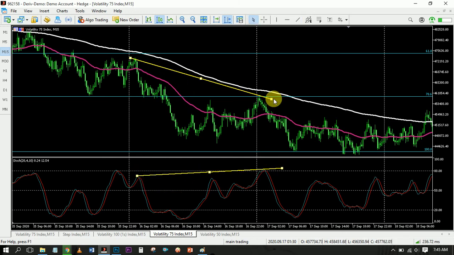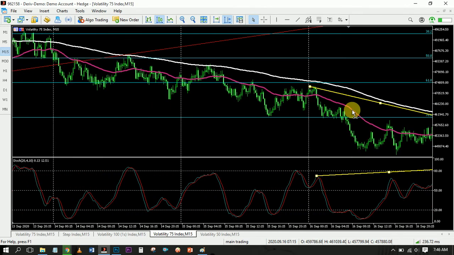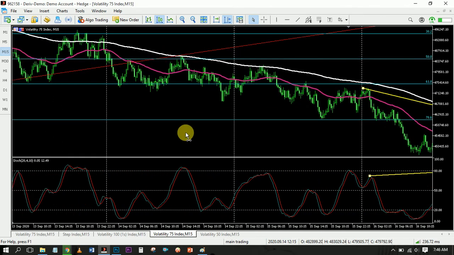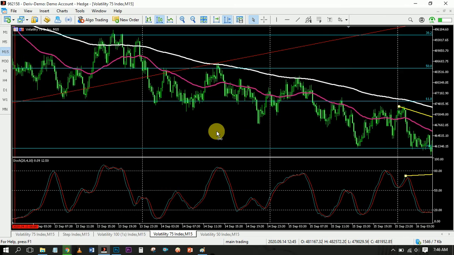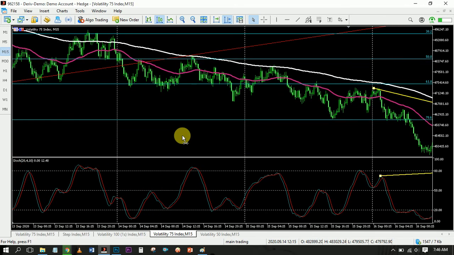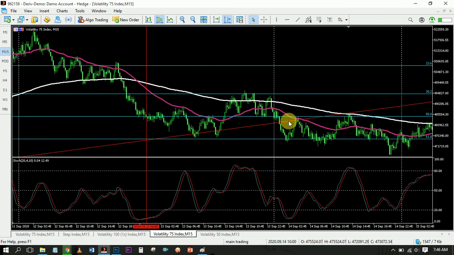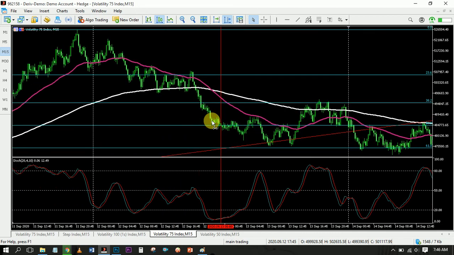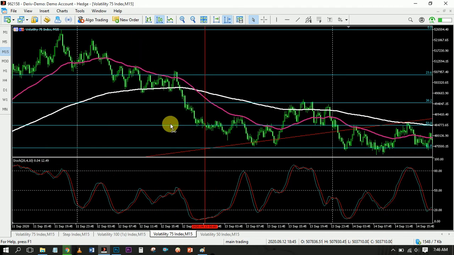So you just place your sell trade here, then the market drops to this level. Let's see if we can see another good one. You can see another good one. Another good one.